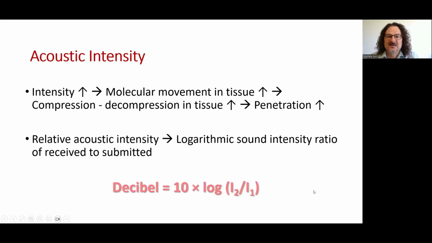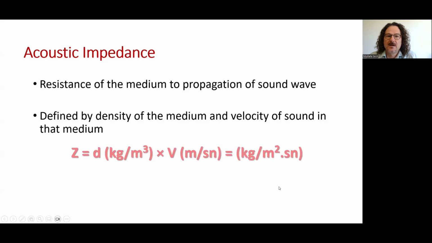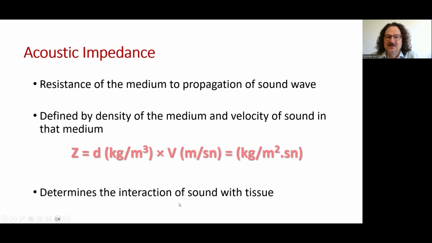The relative acoustic intensity term describes the logarithmic intensity ratio of received and submitted sound waves, and it's defined in decibels. The term acoustic impedance is the resistance of the medium to the propagation of sound waves. It's defined by the density of the medium and the velocity of sound in that medium, and it's the major parameter that determines the interaction of sound with tissue.